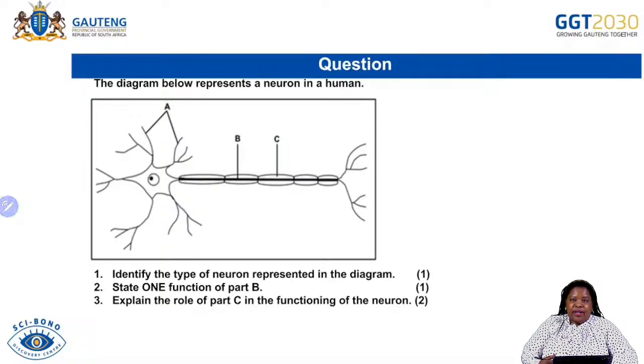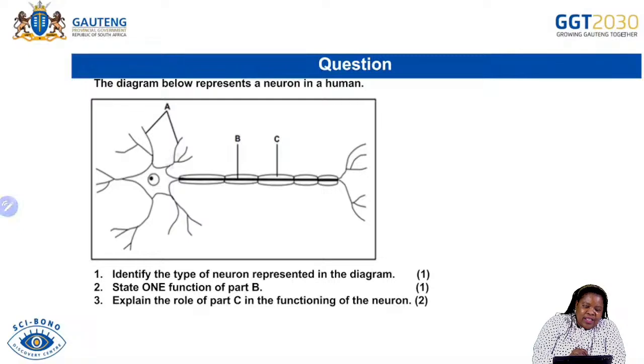Grade 12 learners, before you even attempt the questions, you need to study what is given. We've got a neuron there, with A, B, C. You give yourself answers before you attempt looking at the marker location. So, identify the type of neuron represented in the diagram for 1 mark.